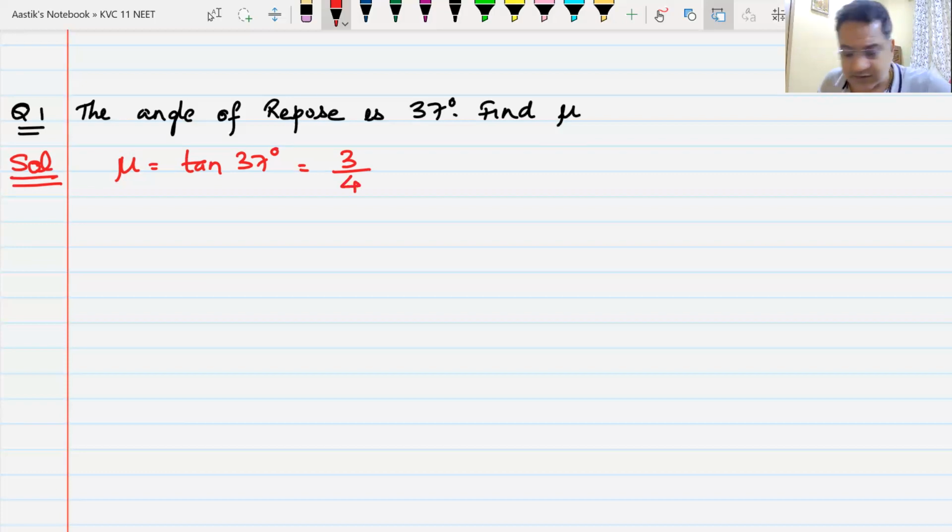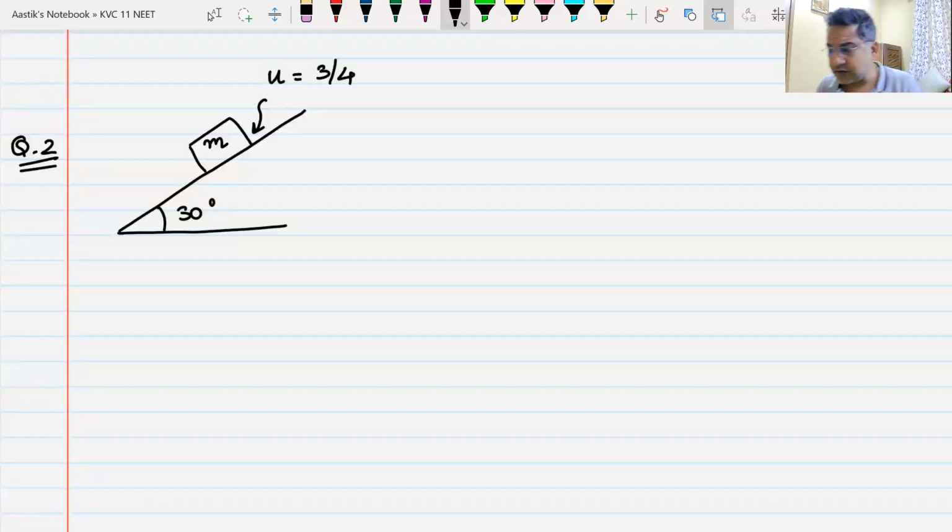Shall we move on to the next question, bacha? This is the question. The value of mu is given as 3 by 4. The question is, find the acceleration of the block.